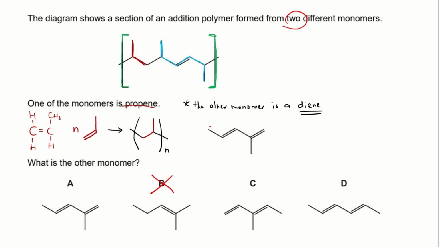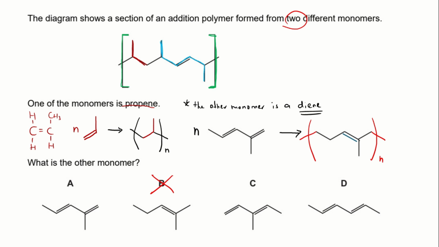So this diene will undergo addition polymerization. We use many monomer molecules. Two pi bonds will be broken. One new pi bond is formed between the two carbons in the middle, with the two dangling bonds. An addition polymer is formed from diene monomers.